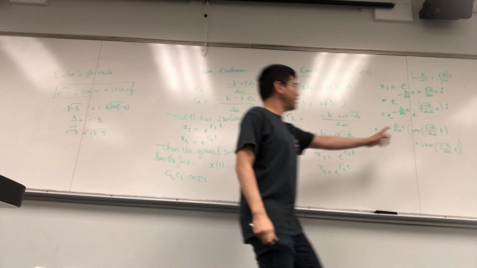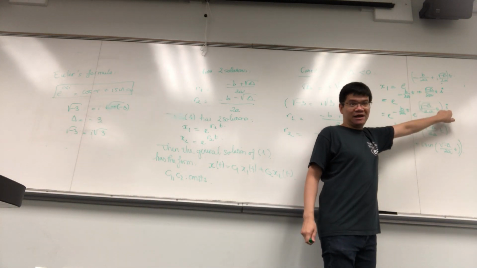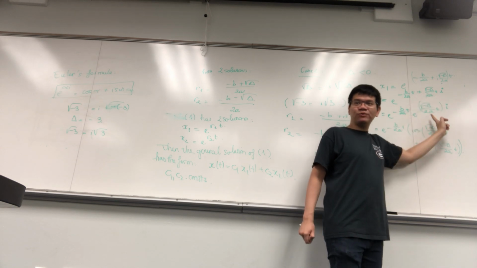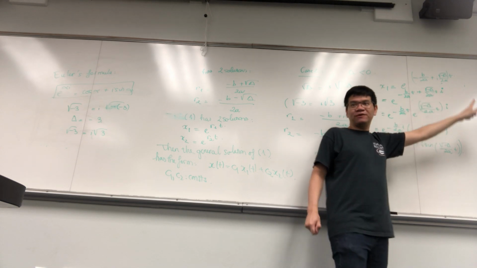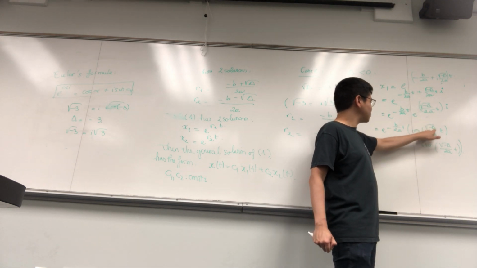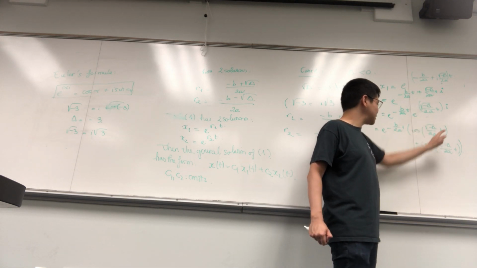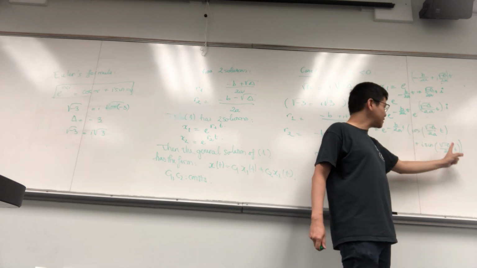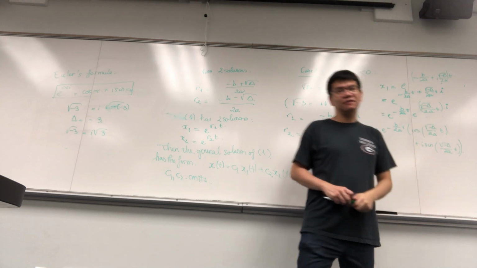Here you have this guy times I. The exponential of this guy times I will give you cosine of minus square root delta over 2a times t plus I sine of minus square root delta over 2a times t.